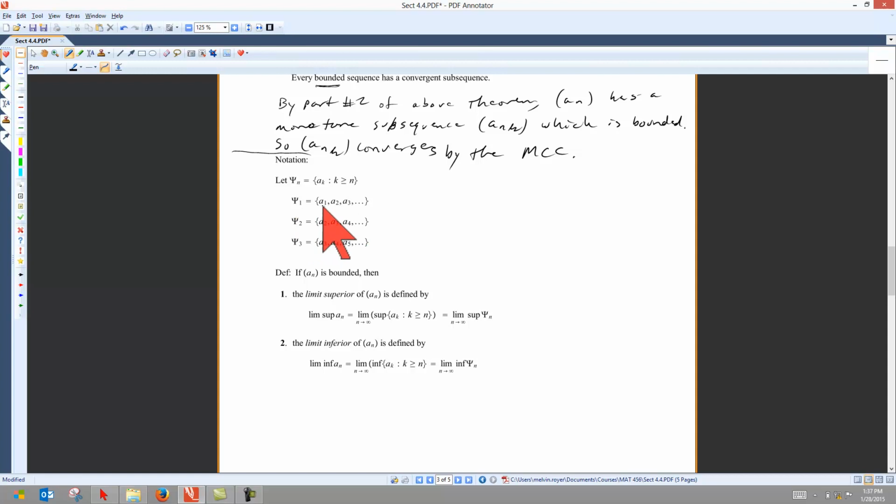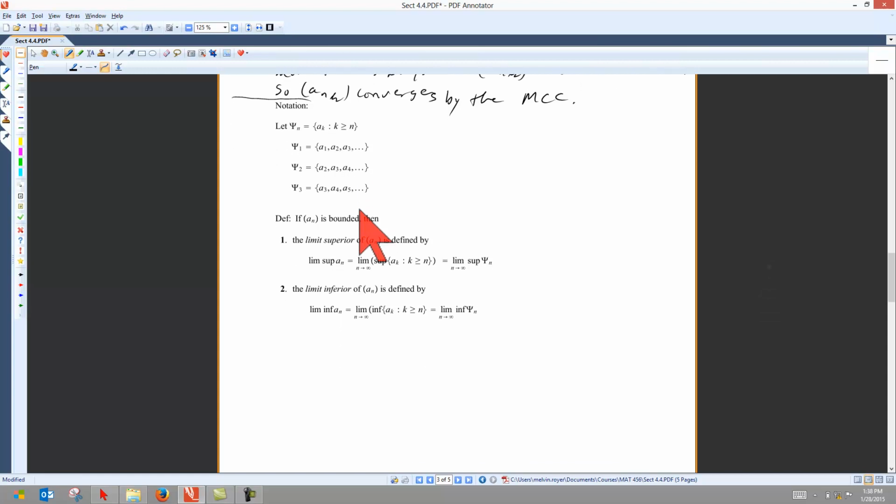Psi 1 is the entire set of terms starting with the first. Psi 2, everything starting with the second. Psi 3, everything starting with the third. These are actually sets. I don't mean for these to be sequences anymore. If the elements are all distinct, then no harm done in thinking about it, but sequences have an ordering. Sets are just lists of numbers.